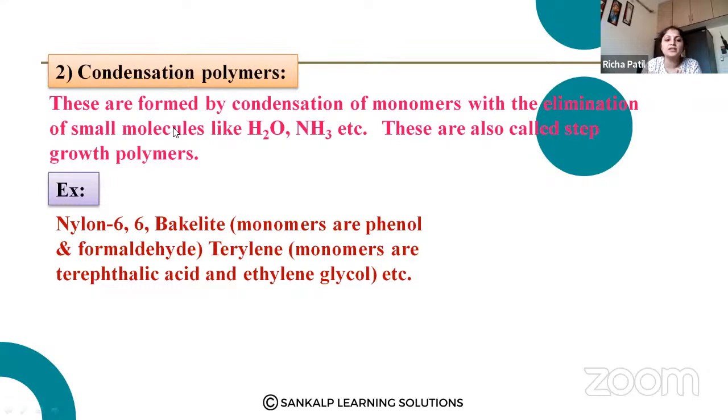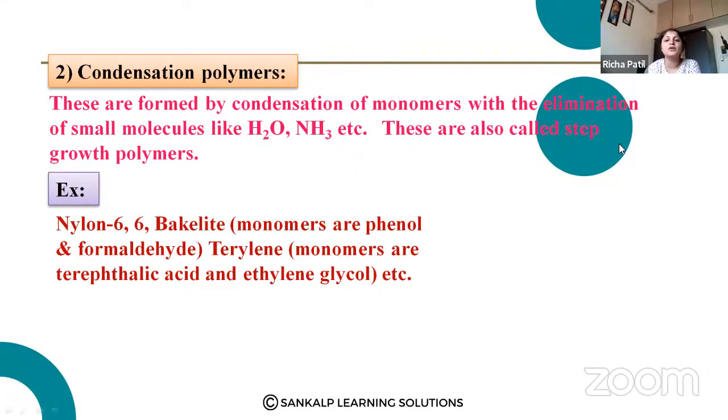When two monomers get condensed, there will be elimination of small molecules like water, ammonia, etc. These are also called step growth polymers.